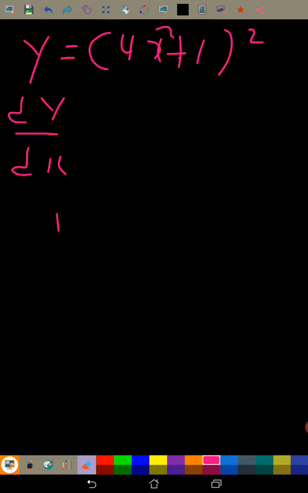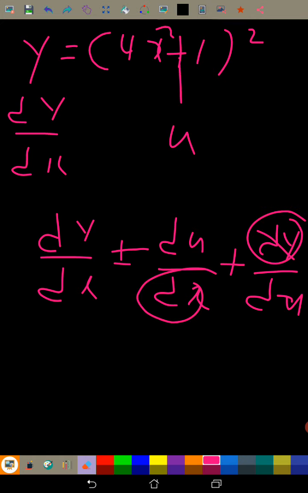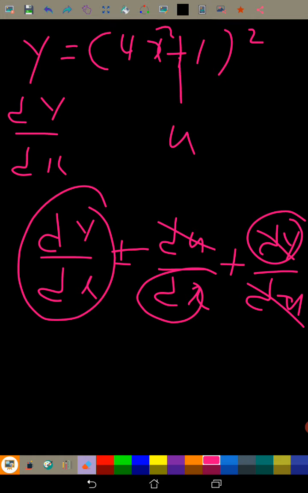We already know what the chain rule is. We call the inside u, and then we find du by dx, and then we find dy by du. These two will cancel, and we'll obtain dy by dx.